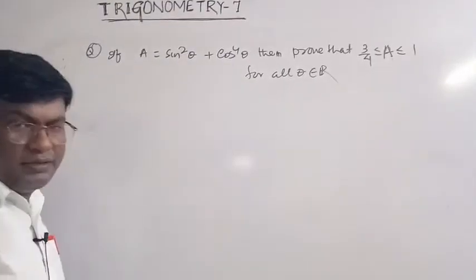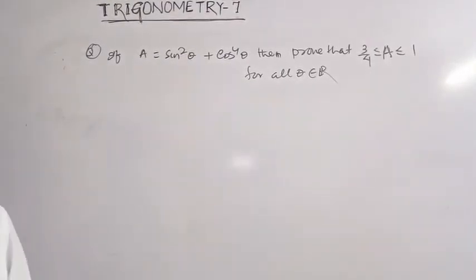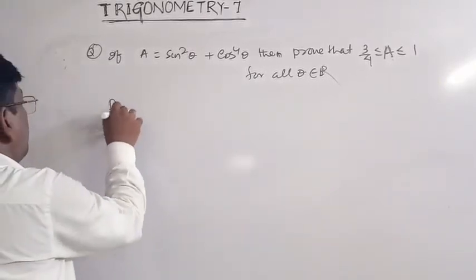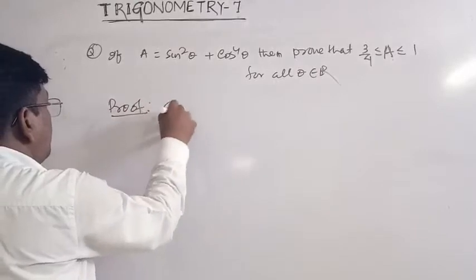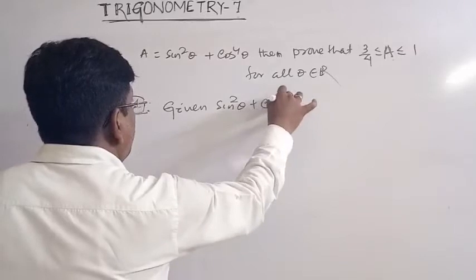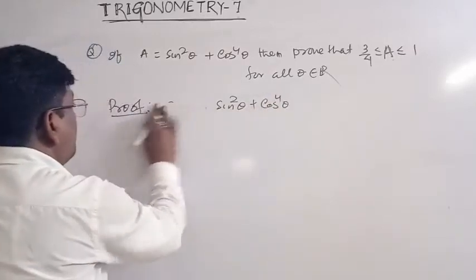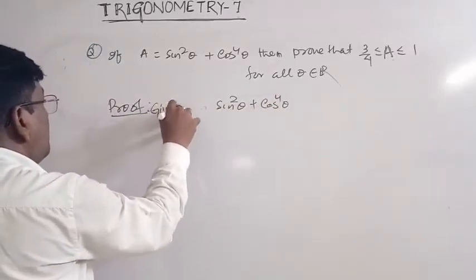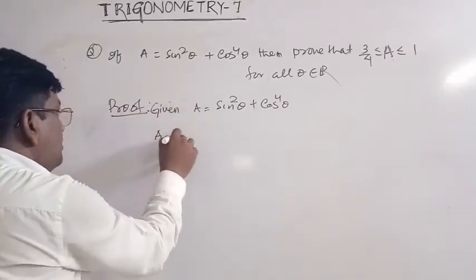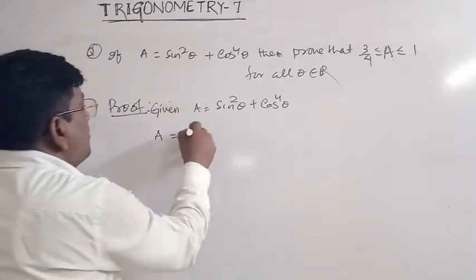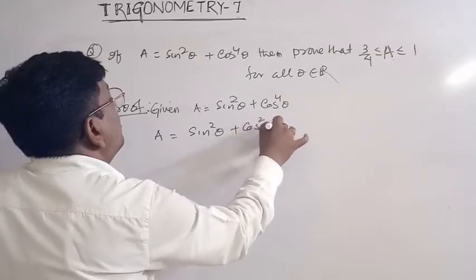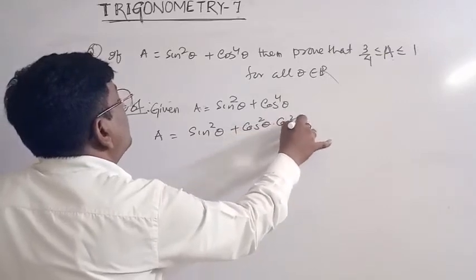So what is the proof? Given A is equal to sin square theta plus cos 4 theta. So A is equal to sin square theta plus cos square theta into cos square theta.